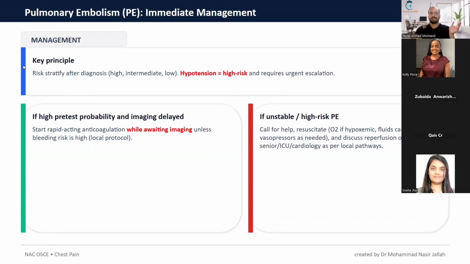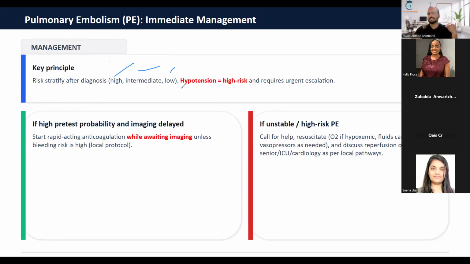Now, management of pulmonary embolism. Is patient high, intermediate, or low risk? Patient has hypotension. This is a high risk patient, and we need to escalate it quickly. For patients who have a high pretest probability, someone who has a DVT or someone whose symptoms are not explained by anything else, we are going to start rapid acting anticoagulation while waiting for imaging.